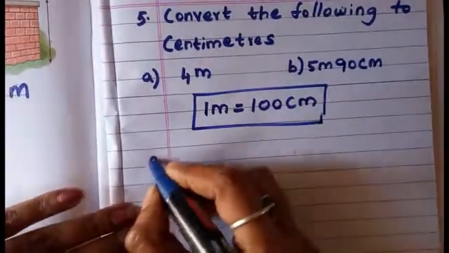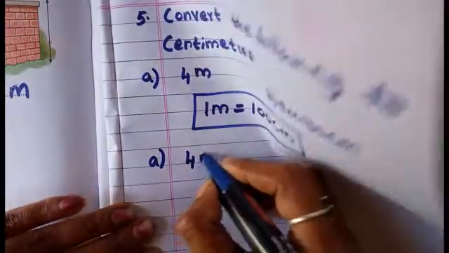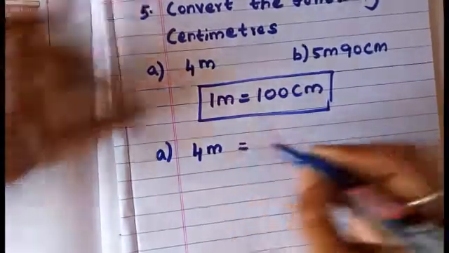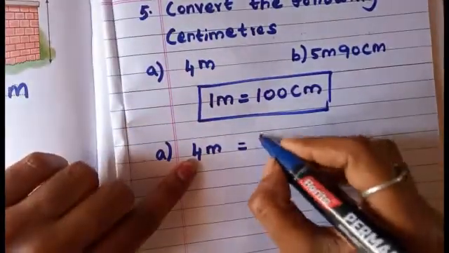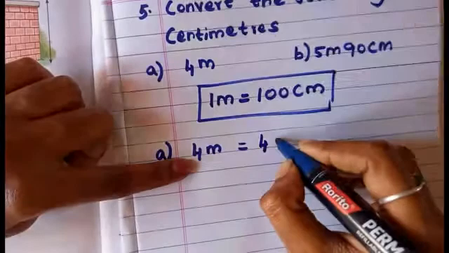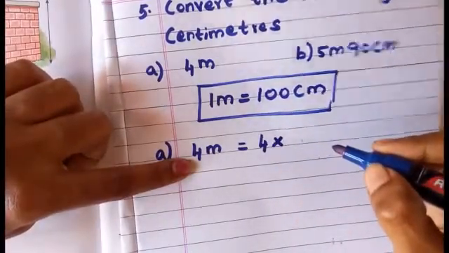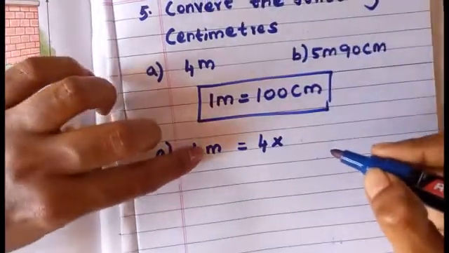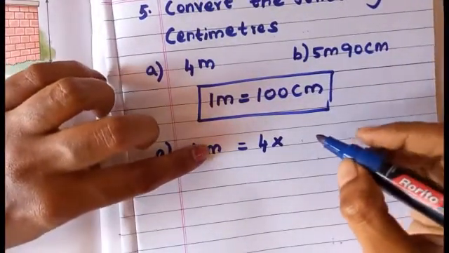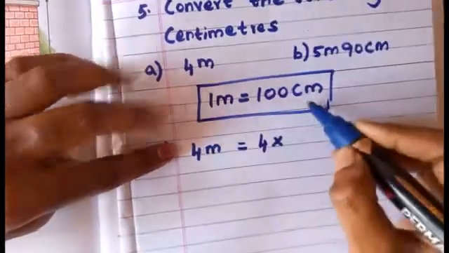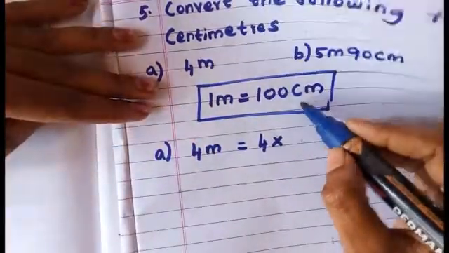So shall we start from the first sum? 4 meter. So from this 4 meter, what you have to do? First, what I said, that number you have to write. 4 into. Am I correct? Yes. 4 into that meter you have to convert, right? 1 meter is equal to how much centimeter? 100.